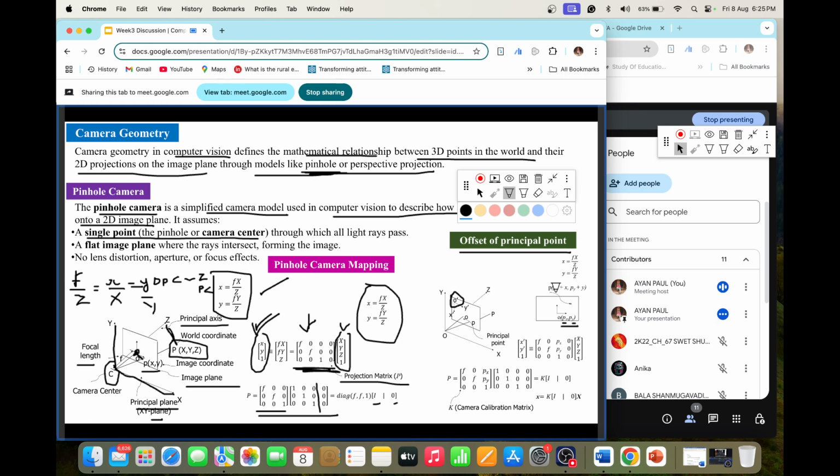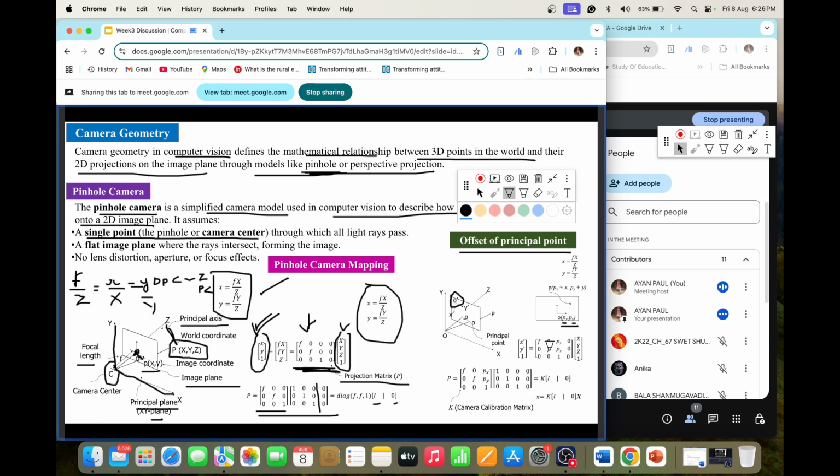Now, as we have offset the point by px and py, this is our new projective camera matrix. What are the changes? Earlier we had f, 0, 0, 0. Now in the third column of the first row we have px, and the third element of the second row we have py. That is the change.